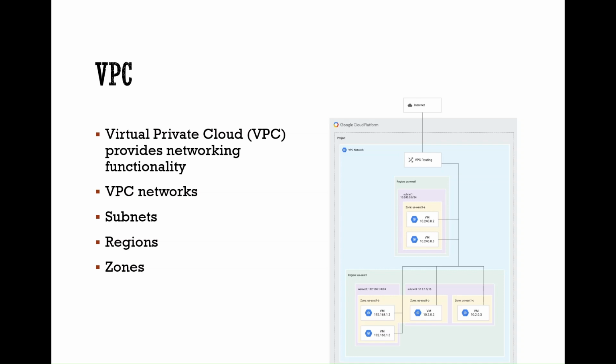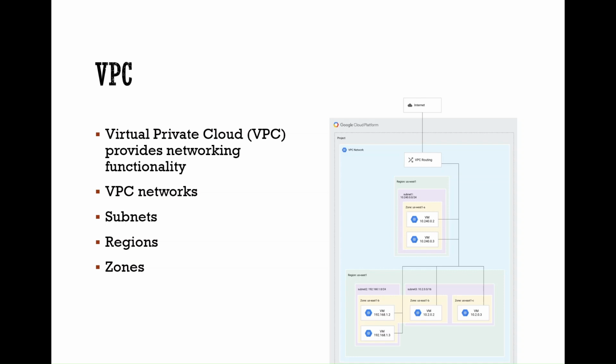This gives you the ability to create an isolated environment. Let's say a VM running in subnet 1 in zone US West 1A is isolated from something running in region US East 1 in this subnet, 192.168.10.24.